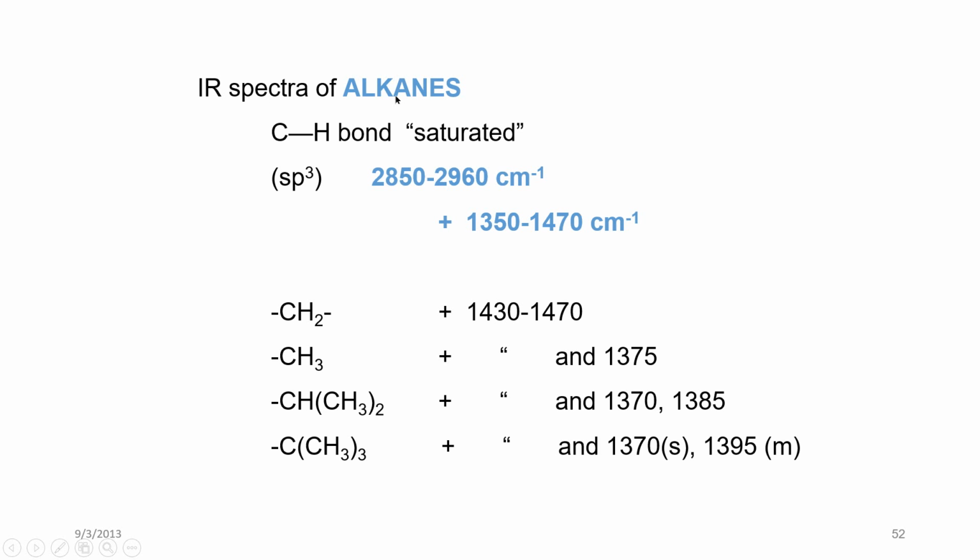So in case of alkanes, the CH bond is saturated and it occurs at around 2800 to 2960 per centimeter. Hence, if the compounds have saturated CH bond, then they will show a peak around this value.